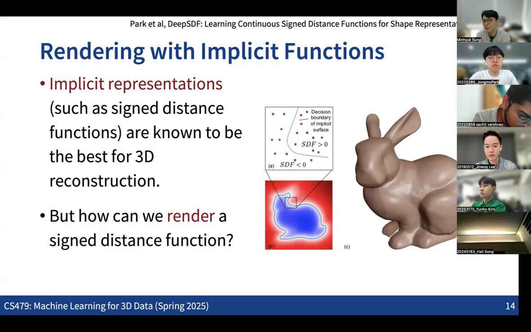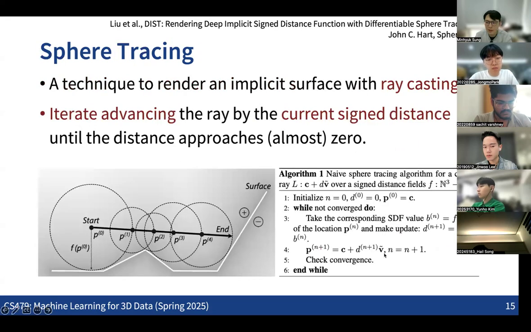But actually, there are some ideas for how we can render an implicit function, especially a signed distance function, into 2D images. Can you see how we can do that? If I go a little bit quickly with this, one simple idea is called sphere tracing.